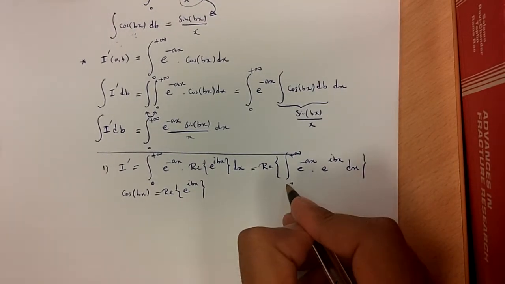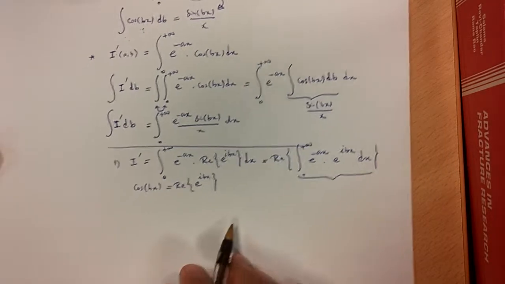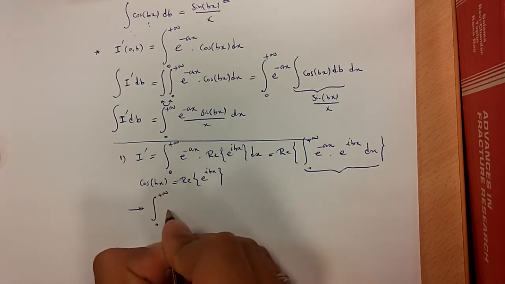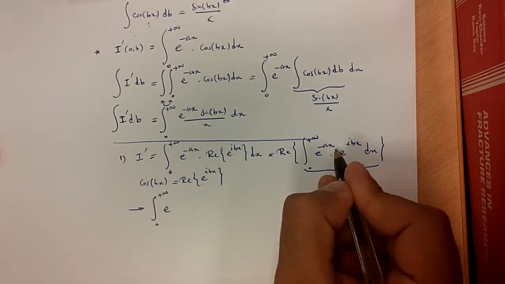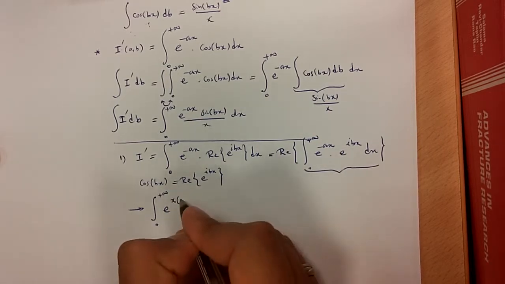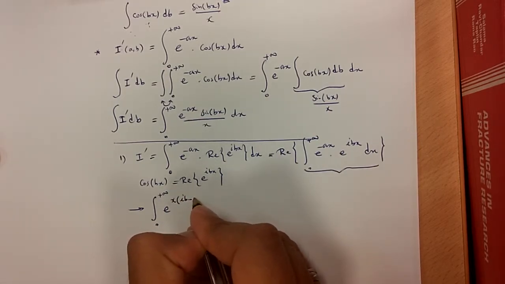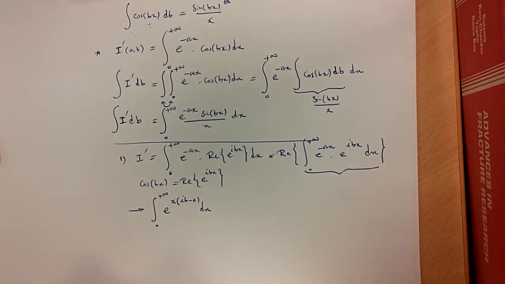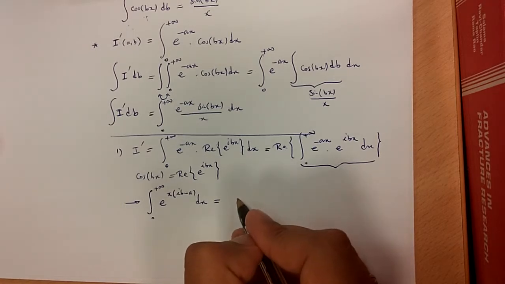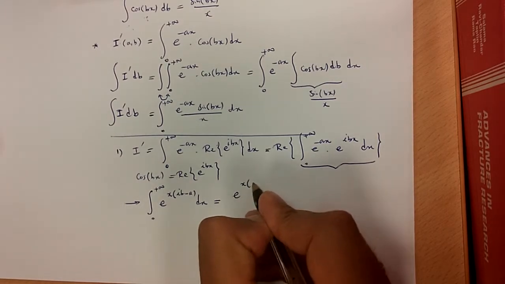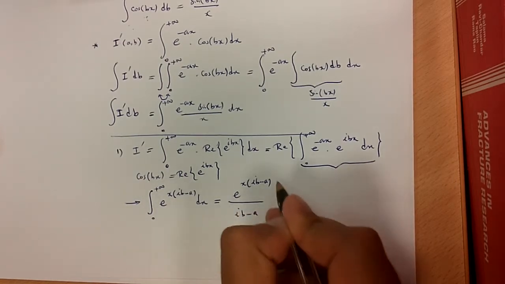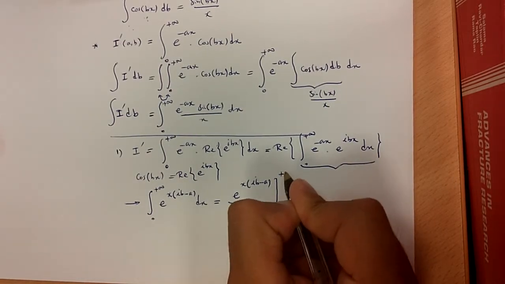I will focus on this integral here: the integral from 0 to plus infinity of exponential of x times (ib minus a) dx, if I factorize x. The result is really straightforward: exponential of x times (ib minus a) over (ib minus a), from 0 to plus infinity.